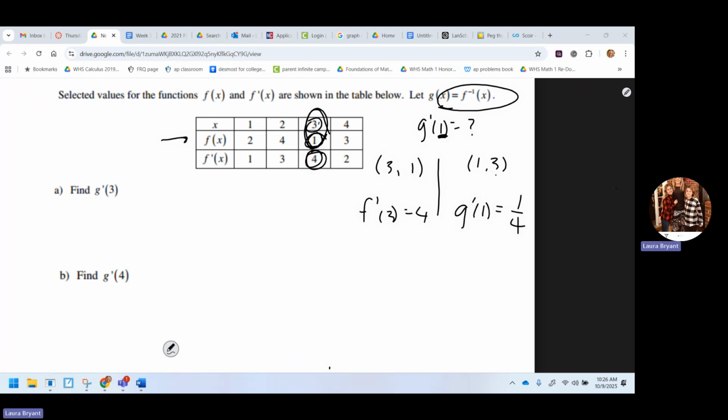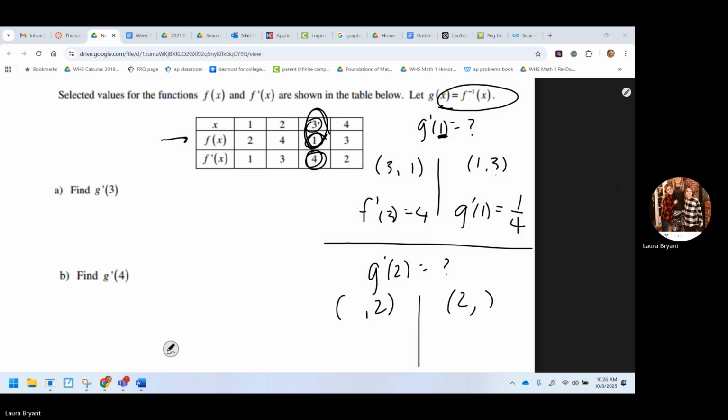If you want to try one more real quick, G prime of 2. The correct answer was 1.